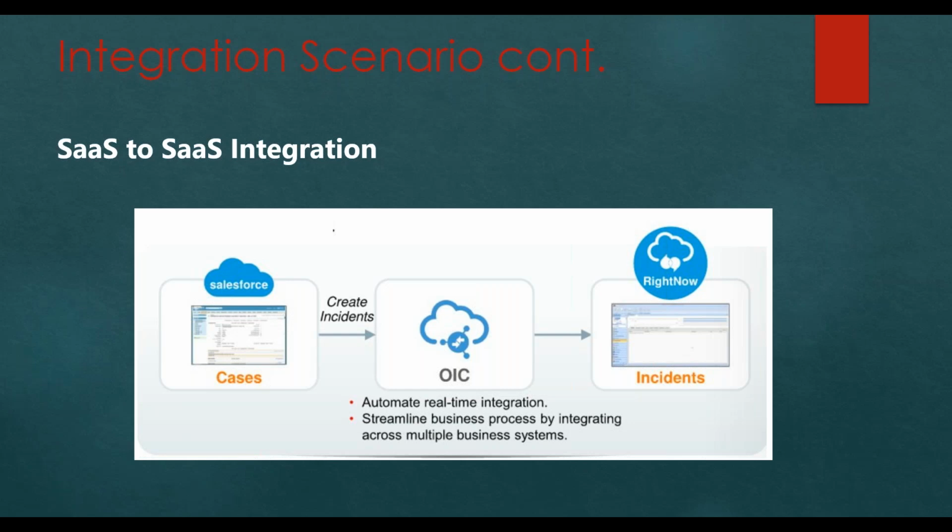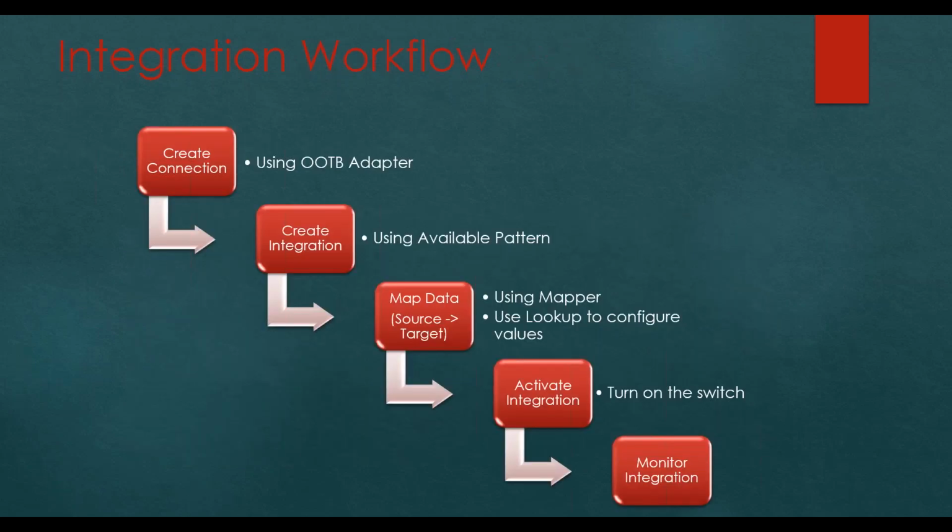You have to map the data between the source application and destination application with the help of mappers. When you build an integration, a visual mapper will come up, which will expose all the fields in your source and target application. Once your integration is complete, you will activate it, which will actually deploy your integration and make it available to use.